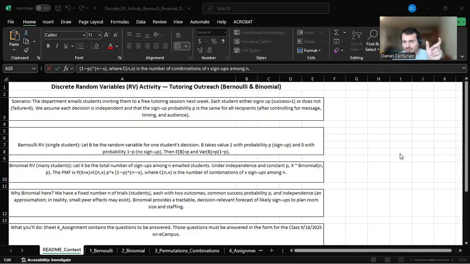If the student says, yes, I will participate, instead of recording this information, we can record just the number one, which means this specific student will participate. The failure can be represented by the number zero, which basically says the student will not participate, and we can record that information as zero.